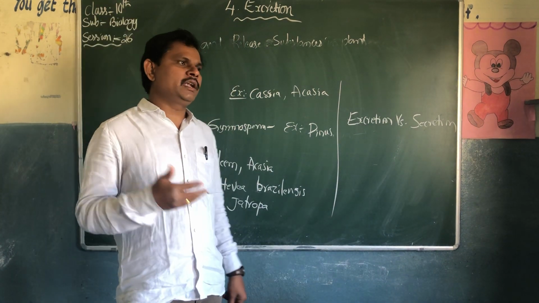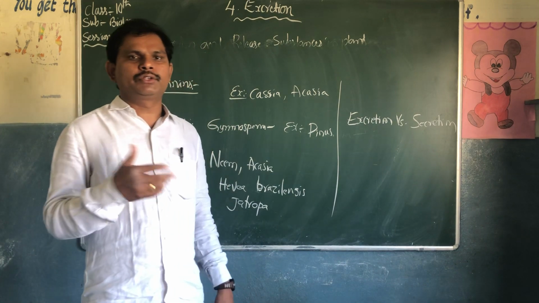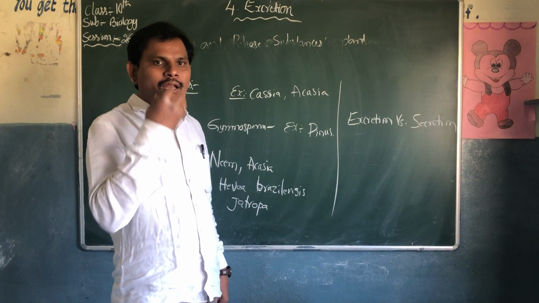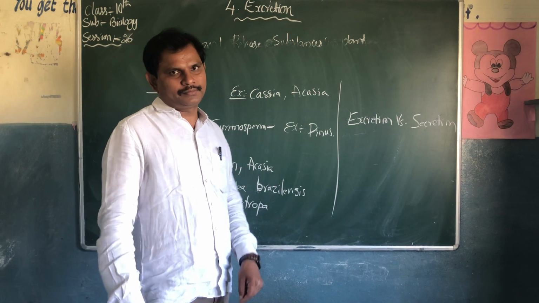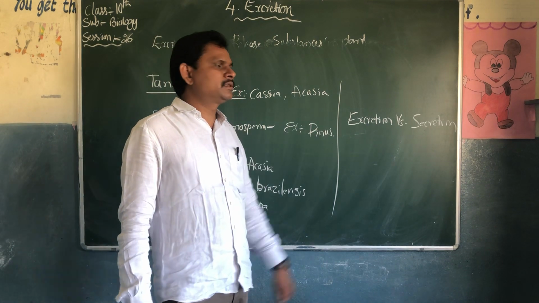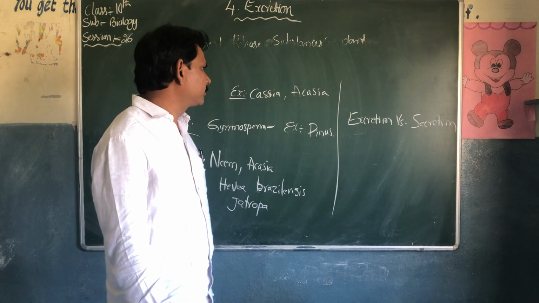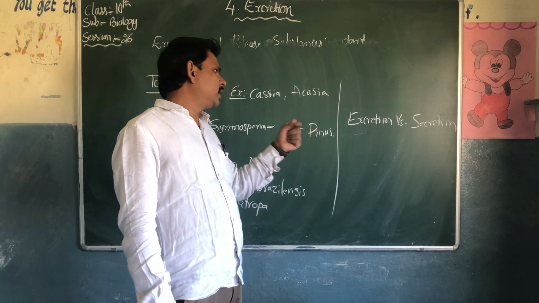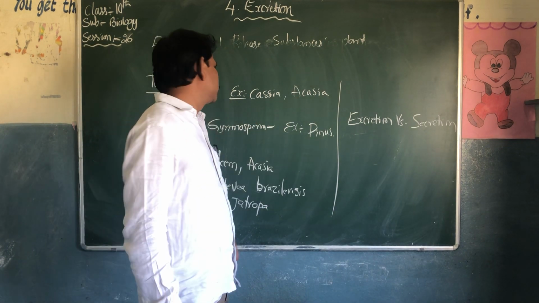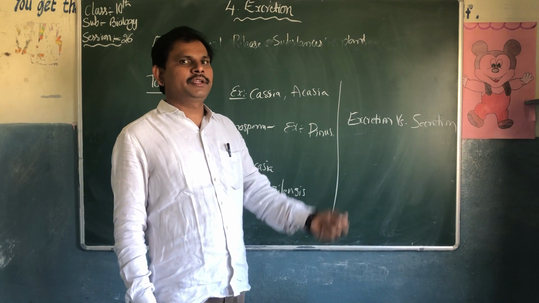Excretion is sending waste materials from the body to the outside of the body. Secretion is releasing inside the body. Waste materials are excreted: tears, urine, gums are excreted.